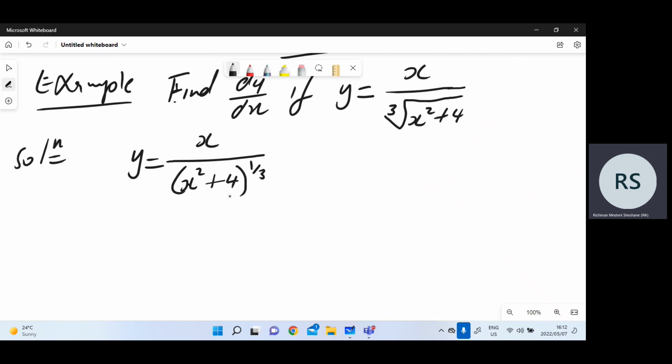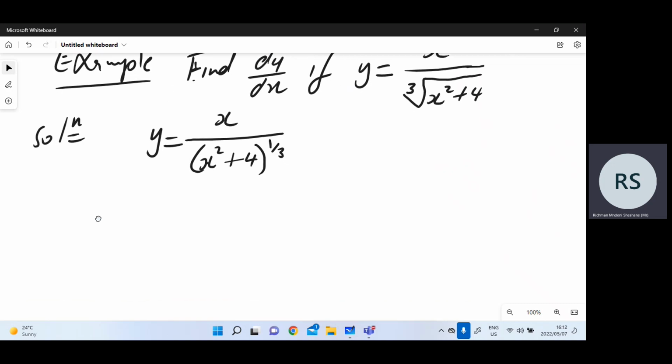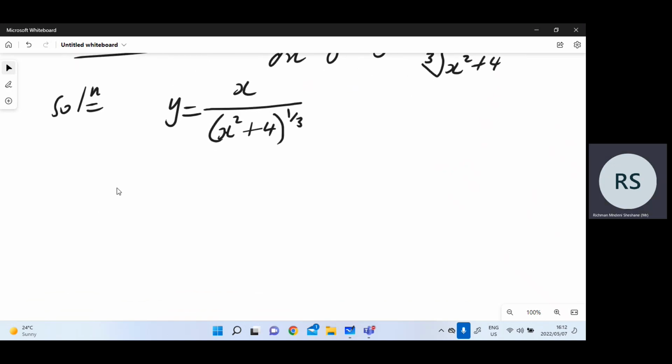Okay? So again, I'm seeing the quotient because I'm deriving a function over a function. Let's apply the quotient rule. So dy over dx is equal to the derivative of the numerator, which is 1, while we leave the denominator.